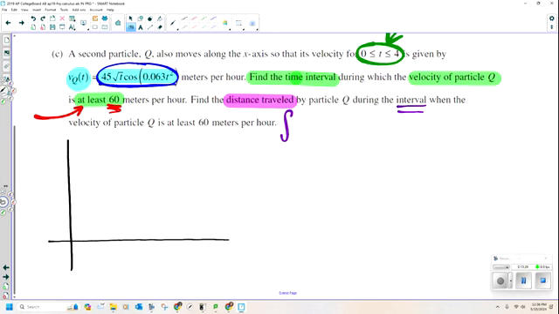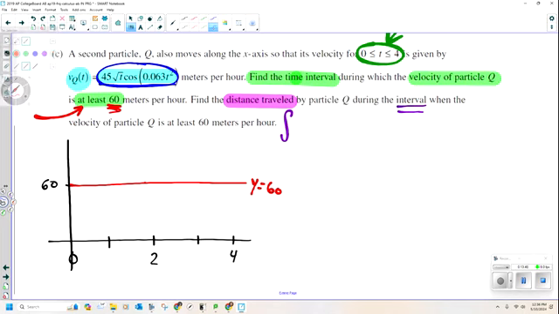There we go. Okay, here's 4. Here's 2, 1, 3, 0. Here's 60. All right, so I'm going to say this is where y equals 60. And now I got this stinky thing that looks like it crosses around here maybe, and here.